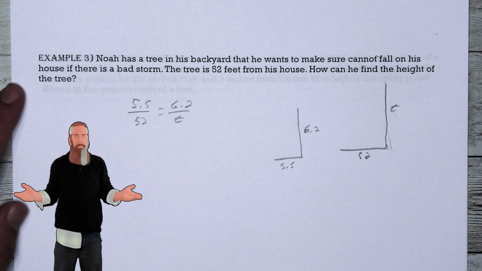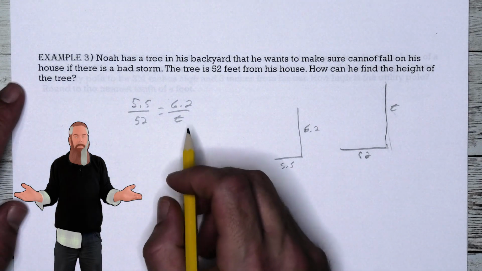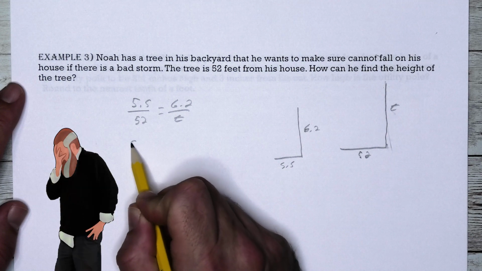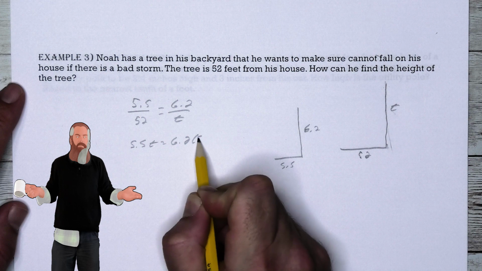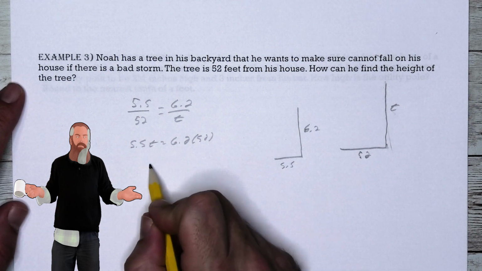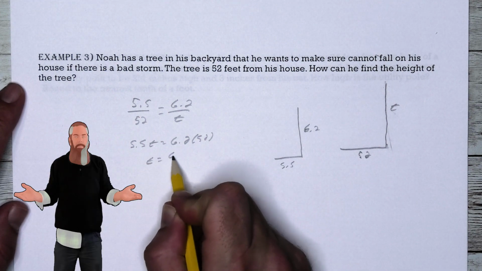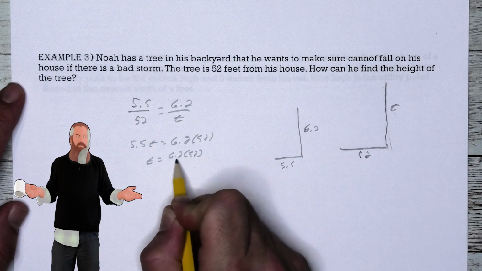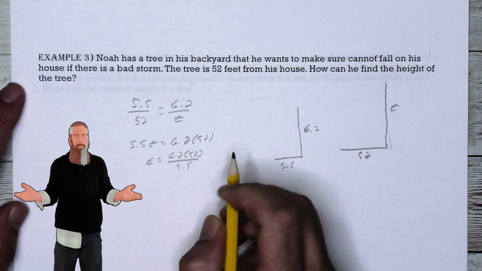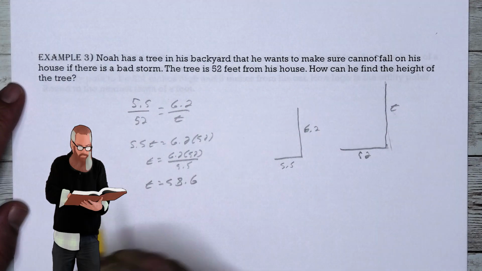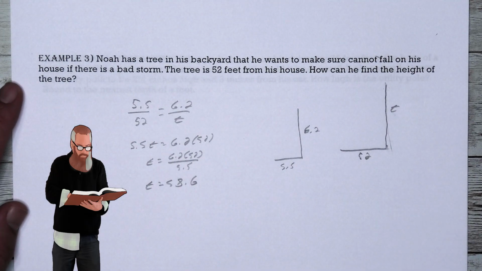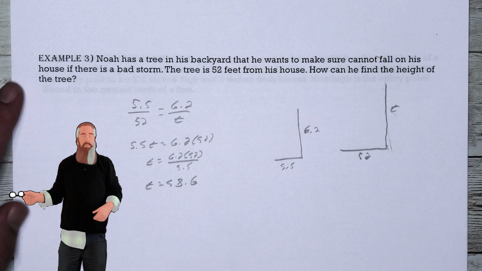To find t, we're simply going to solve by doing 5.5 times t is equal to 6.2 times 52, and then dividing both sides by 5.5 to get 6.2 times 52 divided by 5.5. This is going to give us t is 58.6. The height of the tree is approximately 58.6 feet.